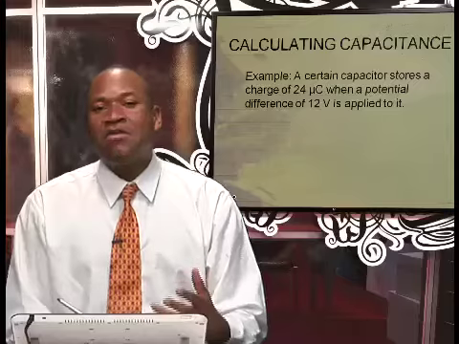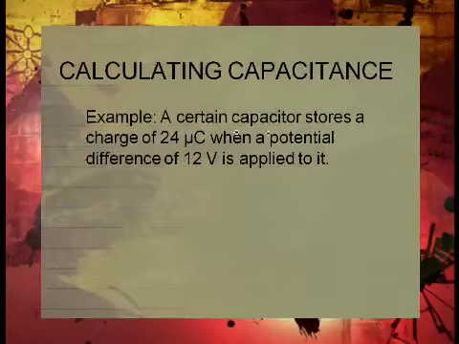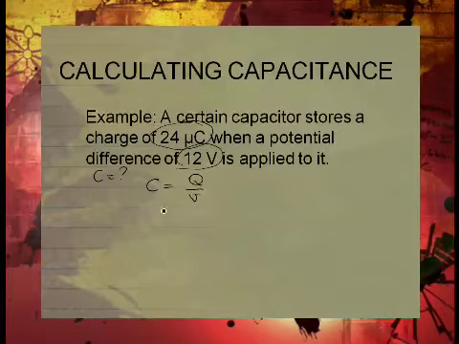Now, calculating capacitance. Let's look at this example. A certain capacitor stores a charge of 24 microcoulombs when a potential difference of 12 volts is applied to it. Now, what is its capacitance? We know from the previous formula that capacitance equals charge over potential difference. So capacitance here would be equal to, what is that charge?